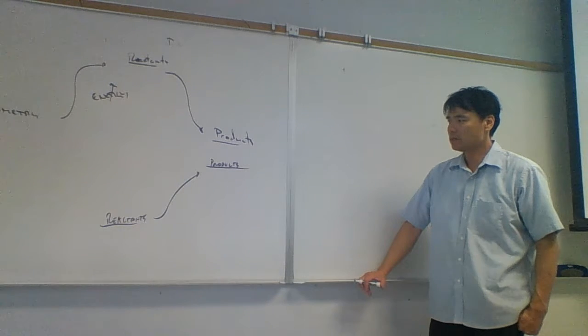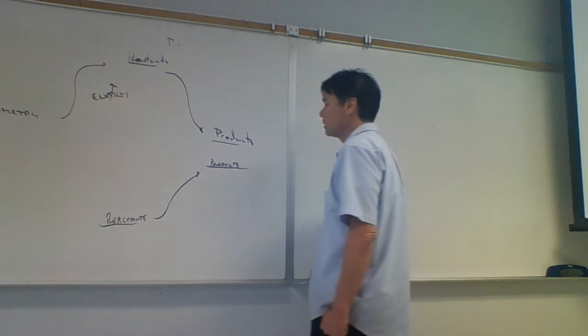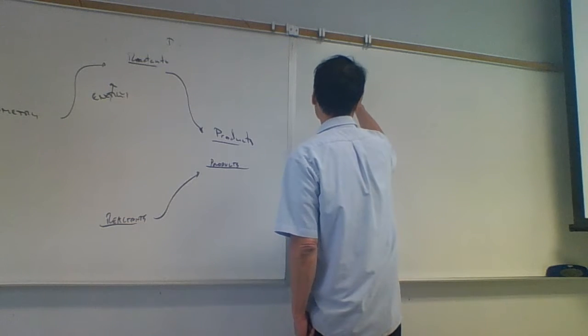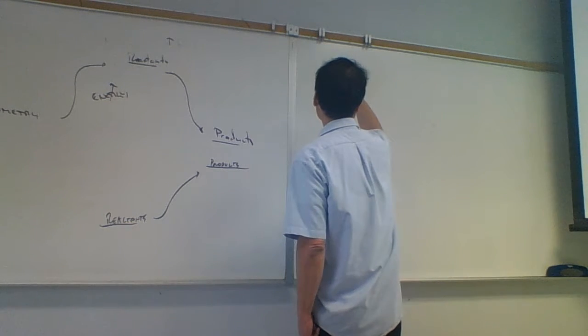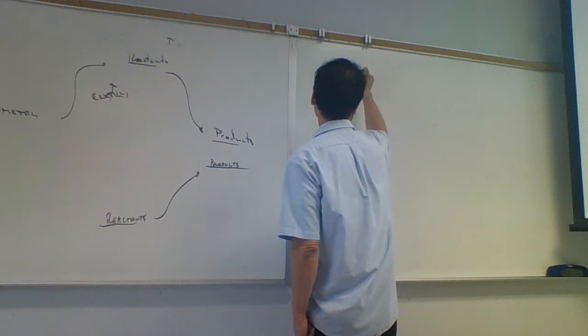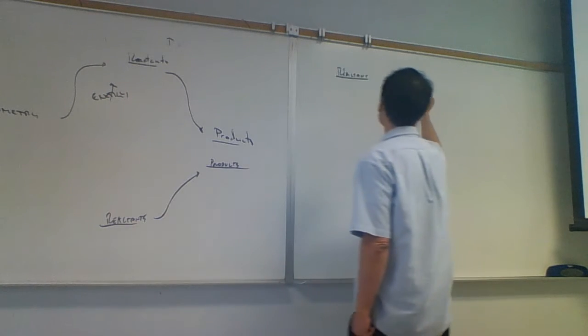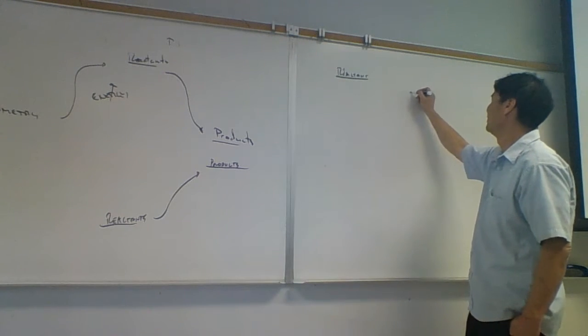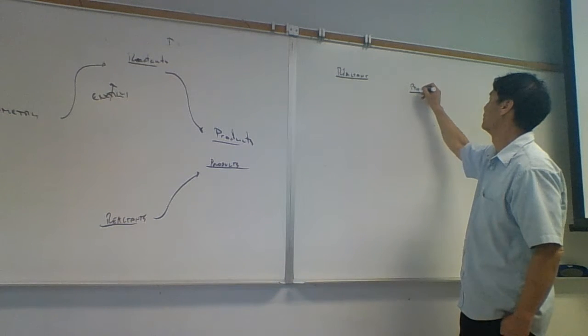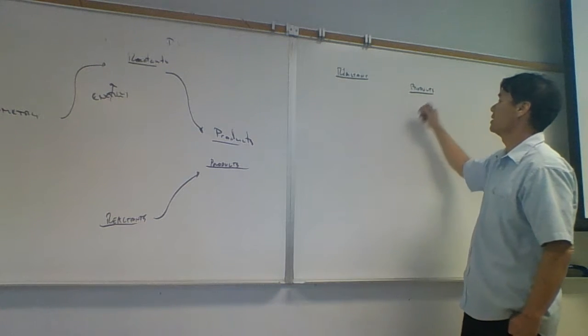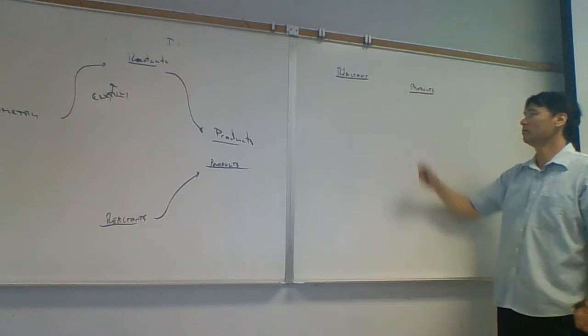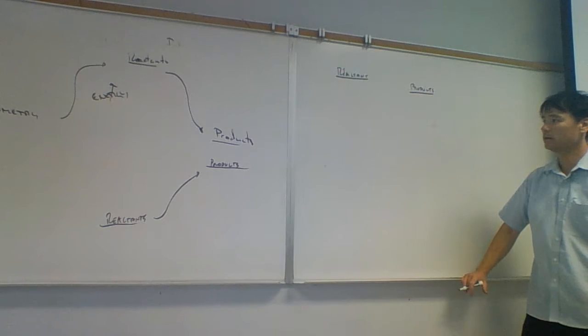But what happens if the products and reactants, there's not much difference in the stability? So let's say, what happens if the reactants are here and the products are just slightly more stable than the reactants? Therefore, there's not a significant difference between the reactant stability and the product stability.